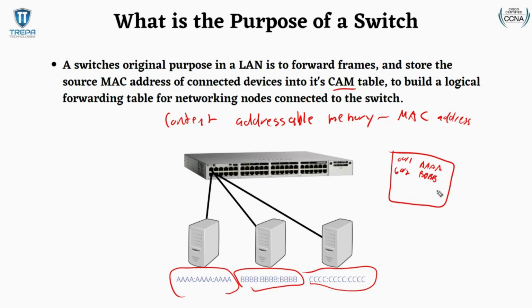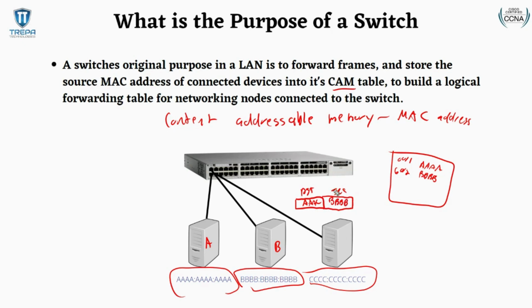And on gig 0/2, we have MAC address BBB connected. So when computer or server B wanted to talk to server A here, it would build its Ethernet frame, its header, and it would have the destination of server A, and its source would be its own MAC address.